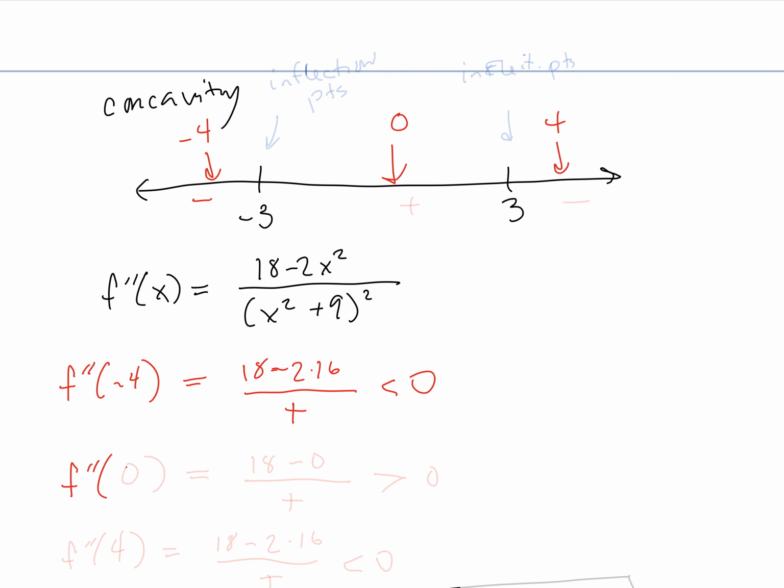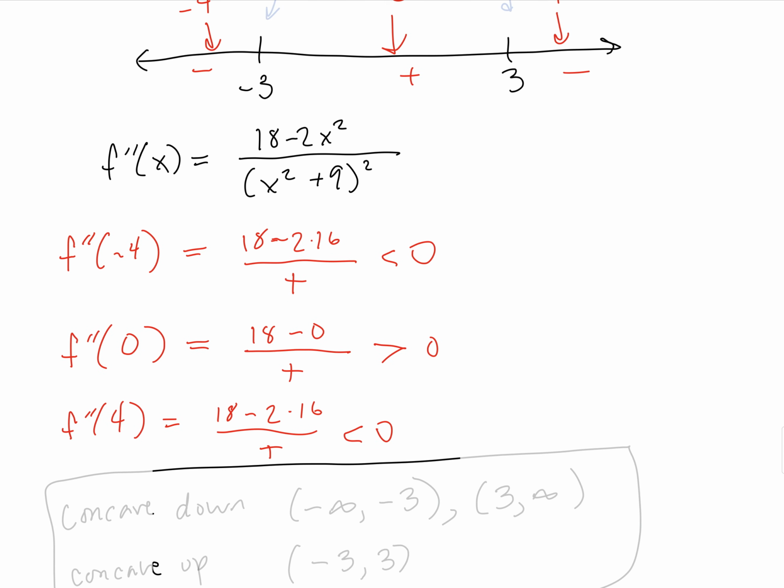F double prime of 0 is 18 minus 0 over, again, the denominator is always positive, so this is going to be greater than 0. And f double prime of positive 4, that's going to be 18 minus 2 times 4 squared again, minus 2 times 16 over a positive number. Again, the top is negative, the bottom is positive, so this is less than 0 again, so concave down over that interval.